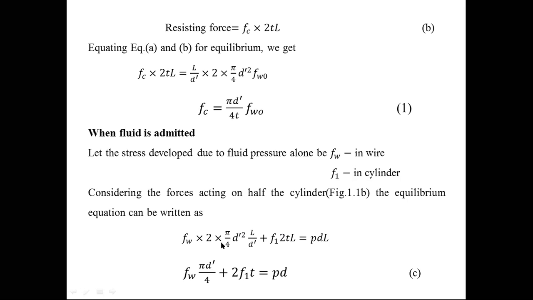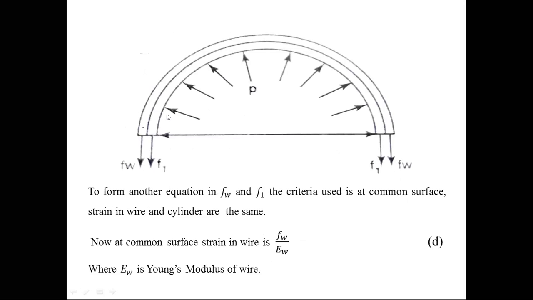Both are resisted by the fluid. P is the fluid pressure admitted into the cylinder, into D into L. So from that you calculate this equation C, Fw into pi d dash by 4 plus 2F1 into t equals P into D. That equation is developed. This is the half portion.